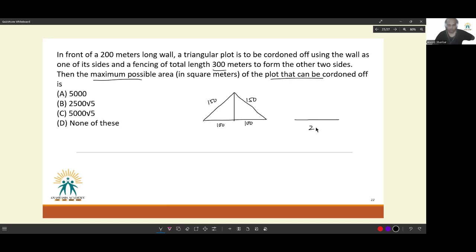My base is fixed, it is 200. My altitude, if I take it as h, this will be A. This will be B. This will be 200 minus B. This will be 300 minus A. So B square plus H square is A square, and H square plus 200 minus B whole square is equal to 300 minus A whole square, and we need 200 into H to be maximum.